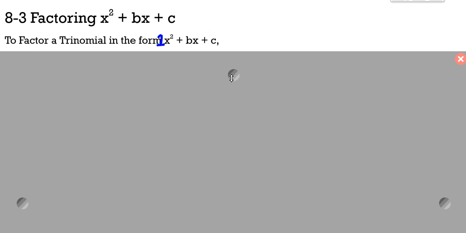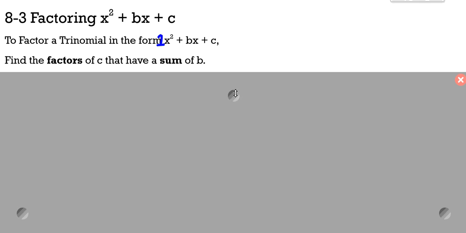The big idea as to how to factor these trinomials is, we want to find the factors of c. We want to find the numbers that multiply to give you that number and add together to give you that number. Right? Just like we had before.